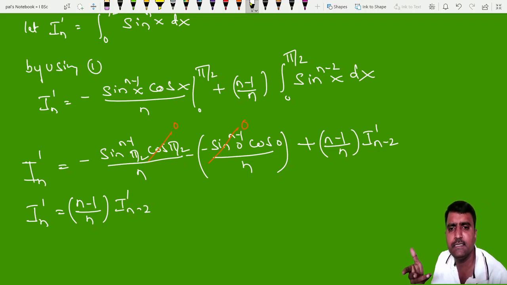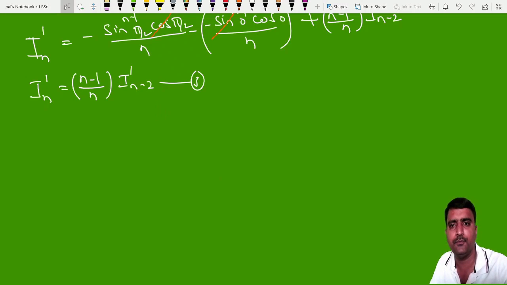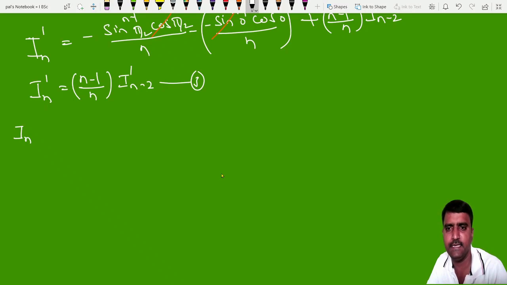Yes, by using this result, after obtaining I n dash is equal to n minus 1 by n into I n minus 2 dash, again by using this expression 3, you find I n minus 2 dash. It is very easy to find I n minus 2 dash.